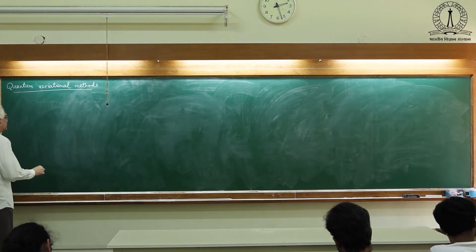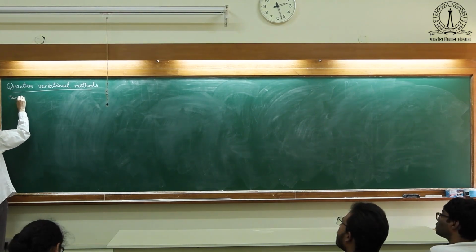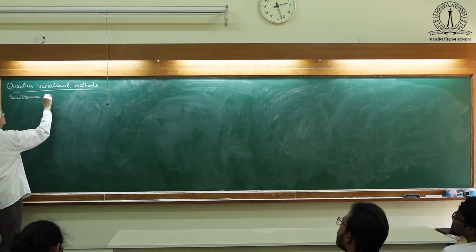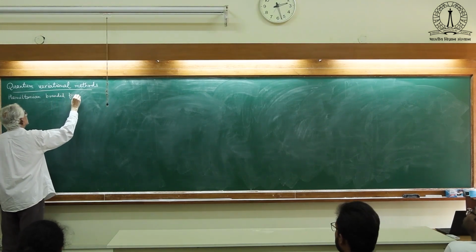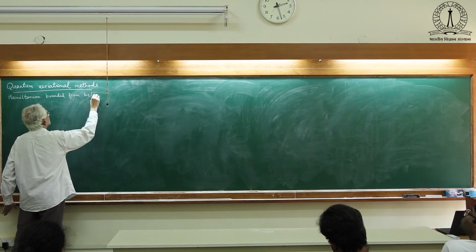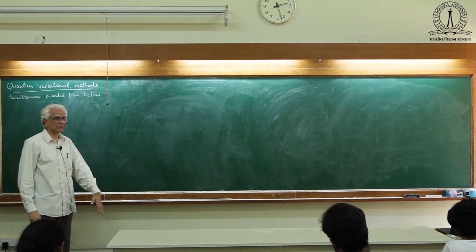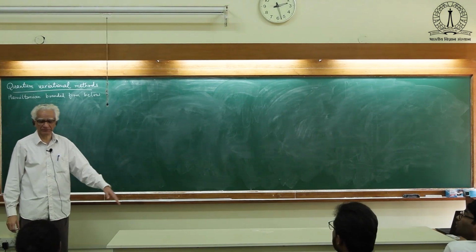So what you need is a Hamiltonian bounded from below, so the minimum energy doesn't go to minus infinity. There is a ground state somewhere.